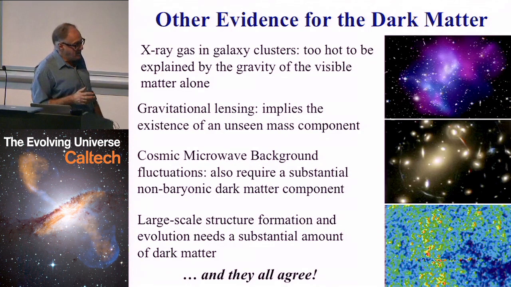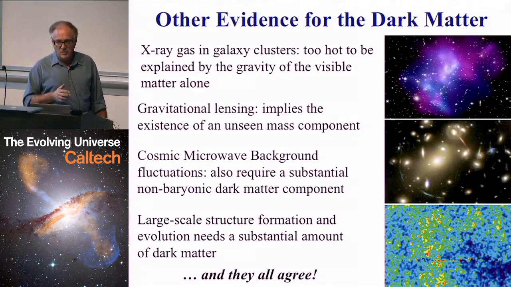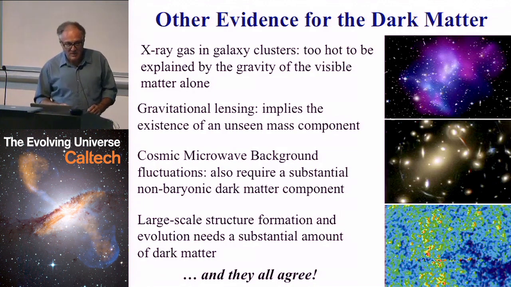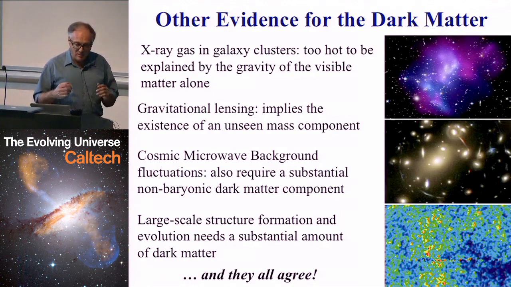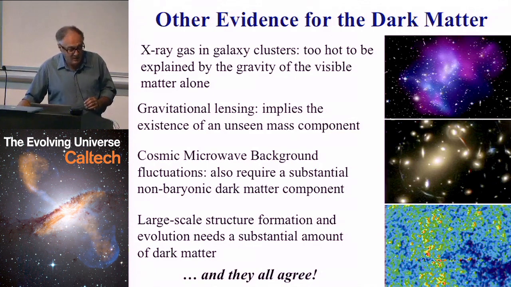A modern thing is looking at cosmic microwave background fluctuations, which is the arena of precision cosmology, to which we'll come later in the class. And that, too, implies that there is a large amount of some non-baryonic mass, mass that's not the regular protons and electrons and stuff. And again, in exactly the right amount.